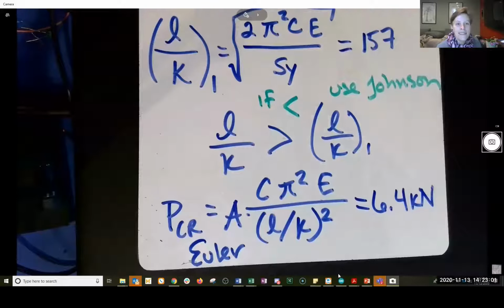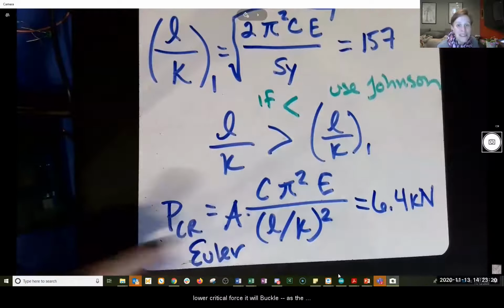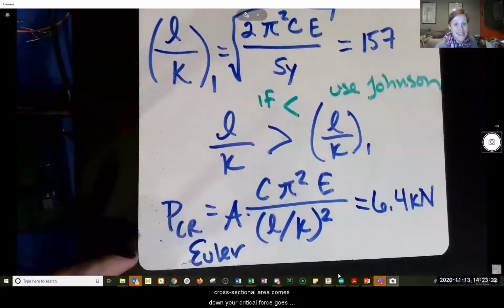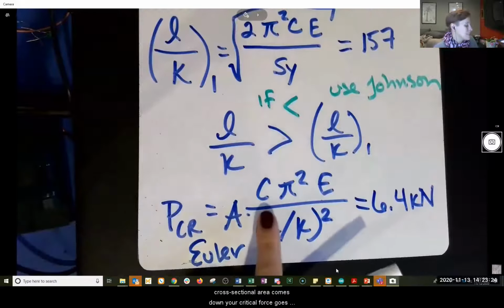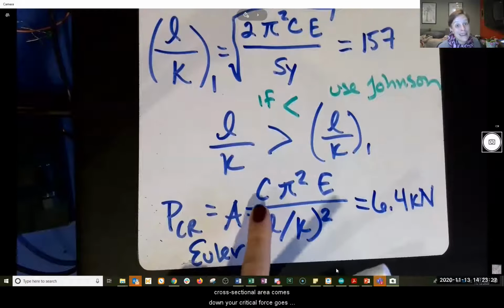So as the value of E is lower, it takes less stress to induce more strain, and so it is more flexible. A lower E is more flexible, which means at a lower critical force, it will buckle. And if the cross-sectional area comes down, your critical force goes down, it's easier to buckle. And as your C goes from 1.2 to 1, it's easier to buckle.